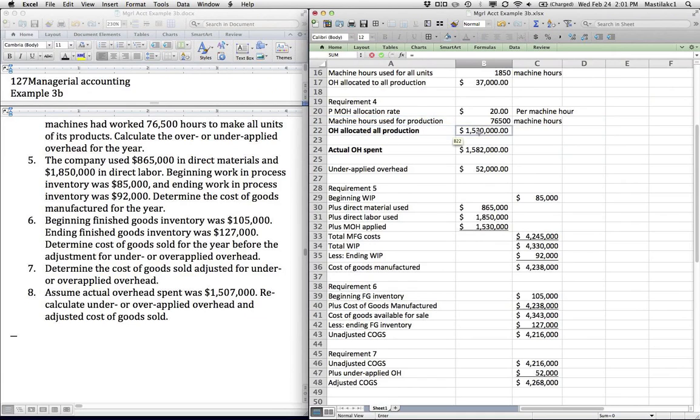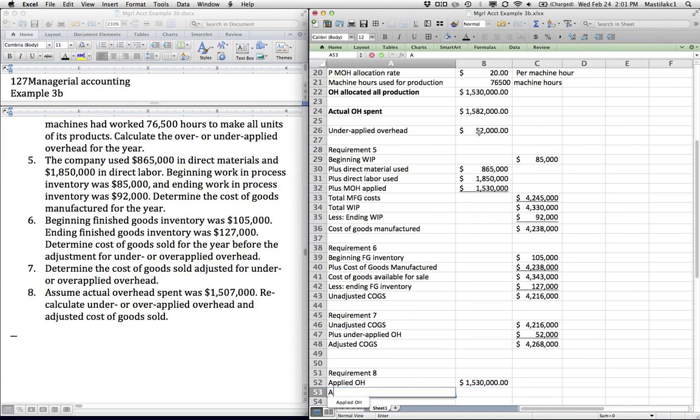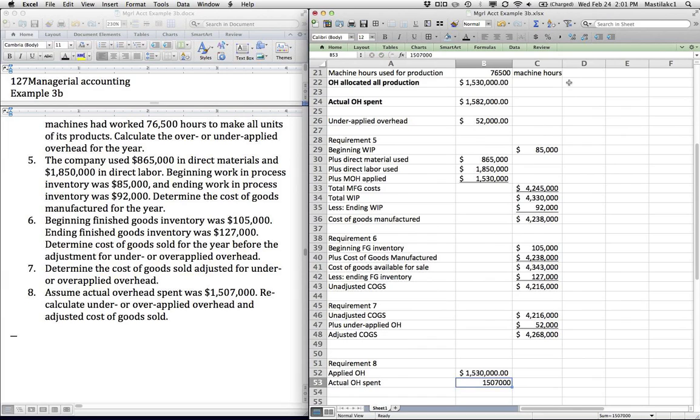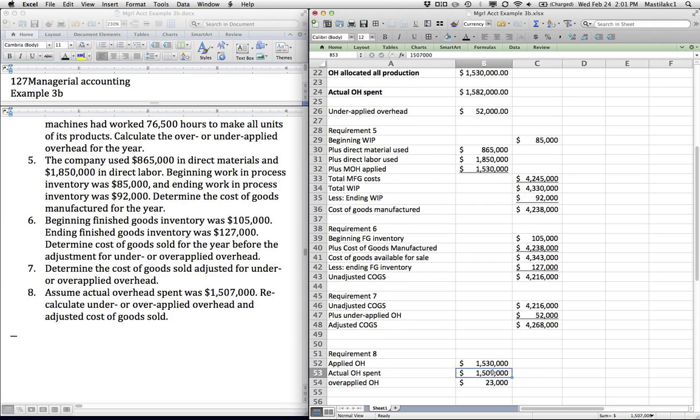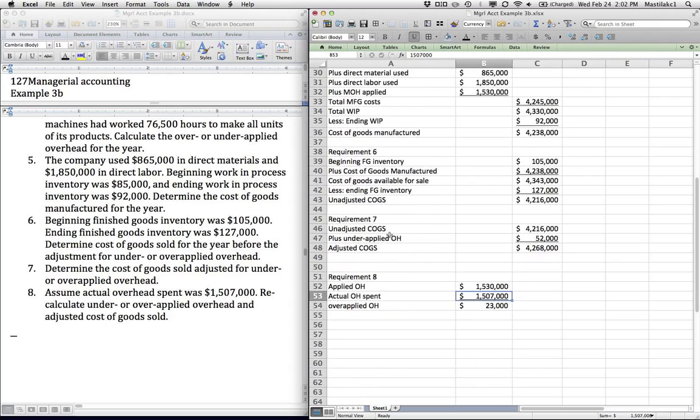Our applied overhead to all production is going to be $1,530,000. But in this example, our actual overhead spent is $1,507,000. And so in this case, we've applied too much. Our overhead applied is too high. So we have over-applied overhead in this example of $23,000.